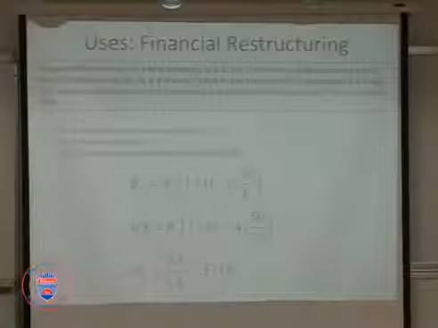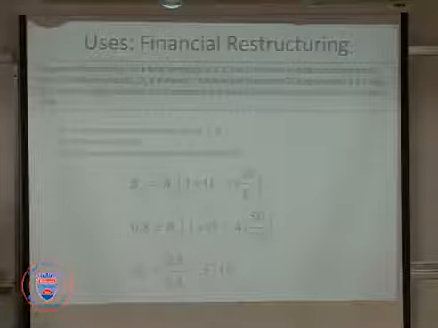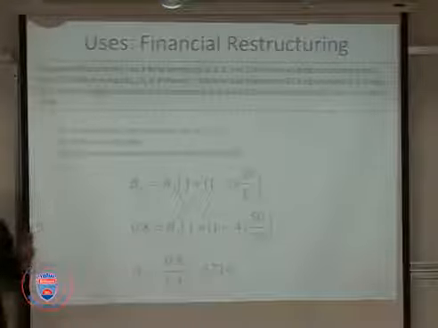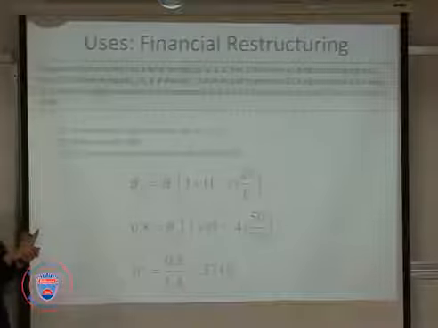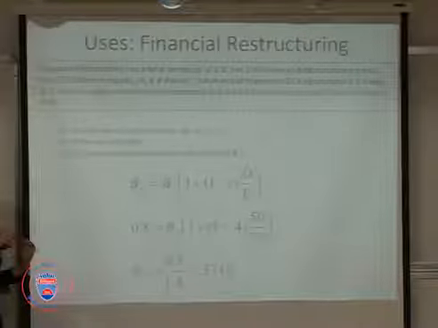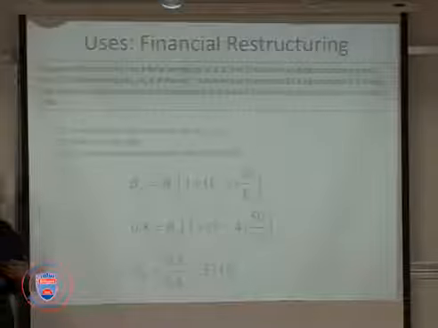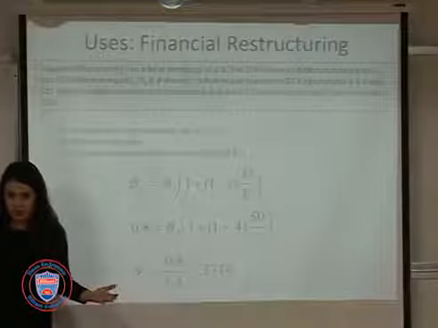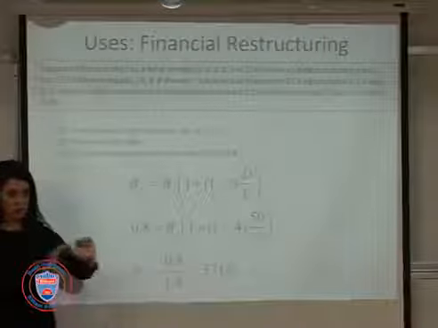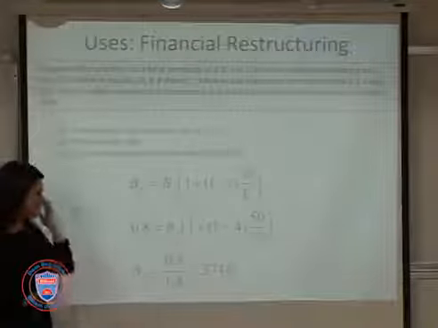Okay, so what am I going to do first? What is the debt to equity ratio? So this company has 50 billion in debt, 75 billion in equity. So the debt to equity ratio will be 50 over 75. This is the old debt to equity structure.